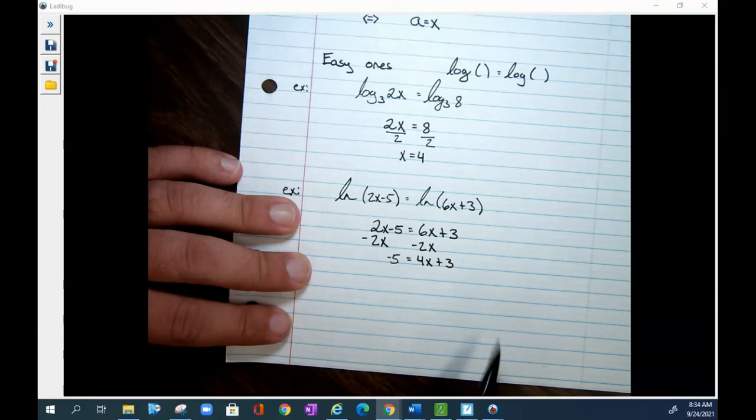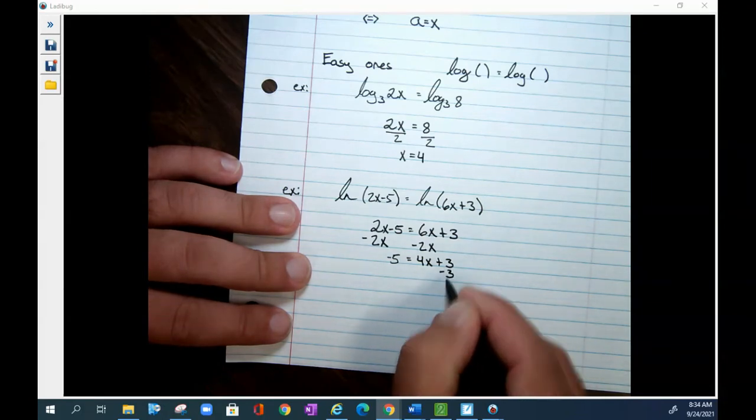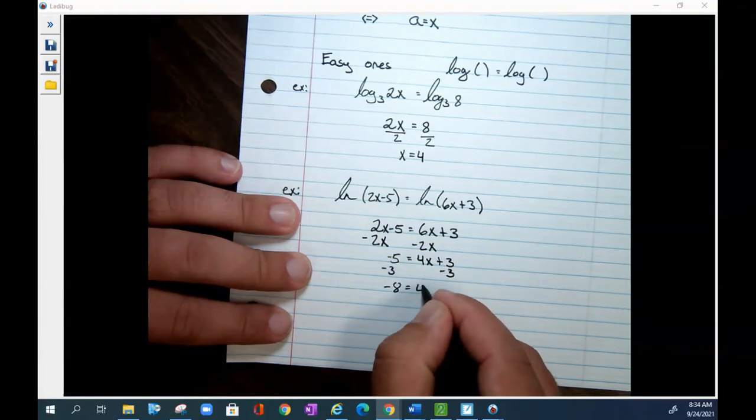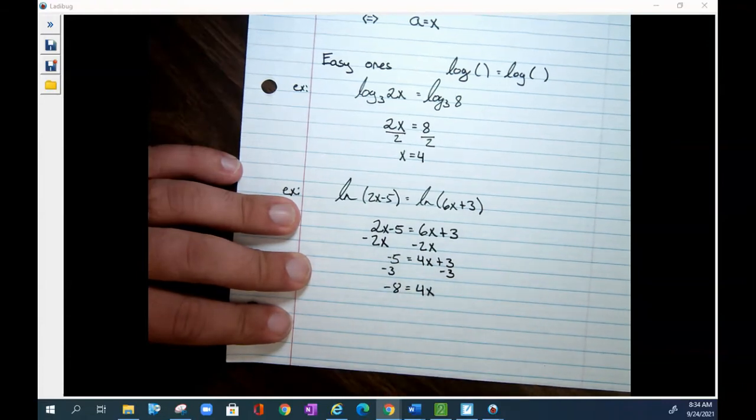If you do build and unbuild, you are not able to until you get to here, so you have to do that minus 2x step first. But now you could go through and either balance or whatever. Go there and divide by 4.